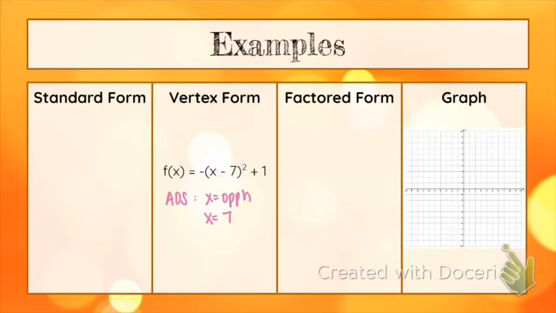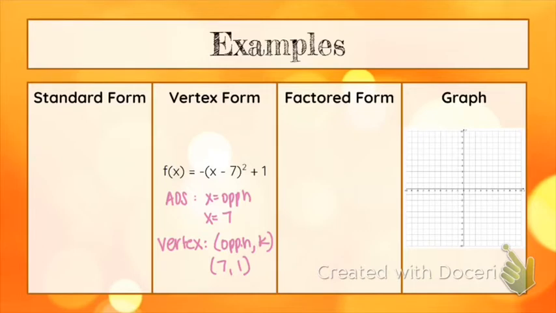So then our vertex is opposite h, comma, k. So that's going to be (7, 1), because that's our k value. So those are the important things about our vertex.